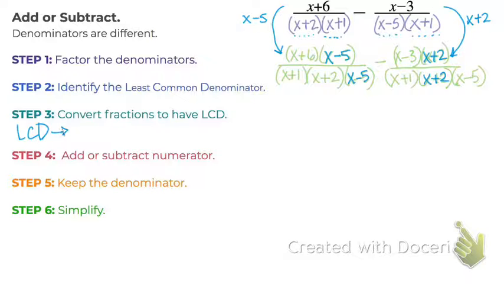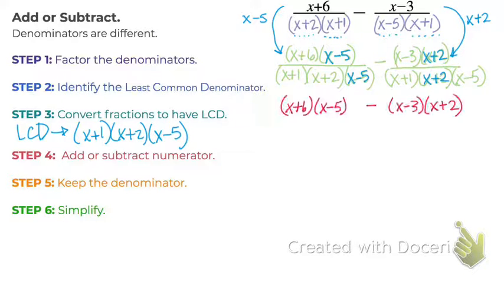So for both of them, it is x plus 1 times x plus 2 times x minus 5. So since the denominator is the same, now we can subtract. So we are going to subtract our numerators, and then we're going to keep the denominator the same. And now we're going to simplify.